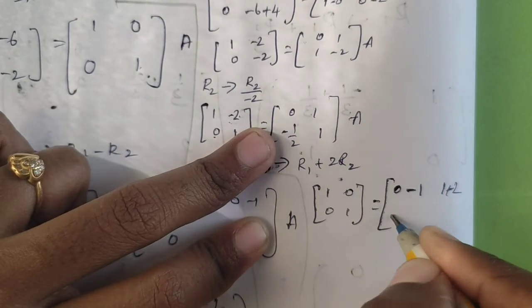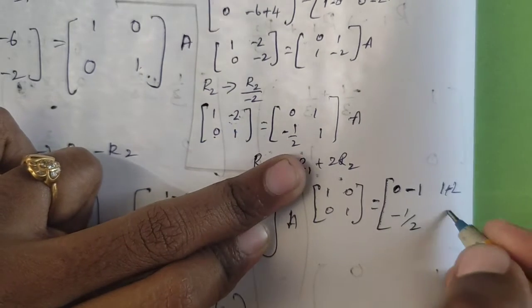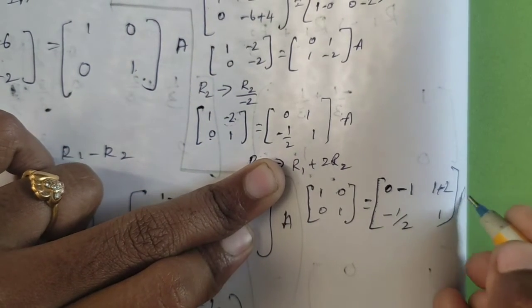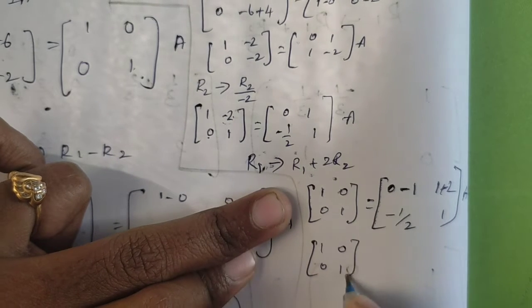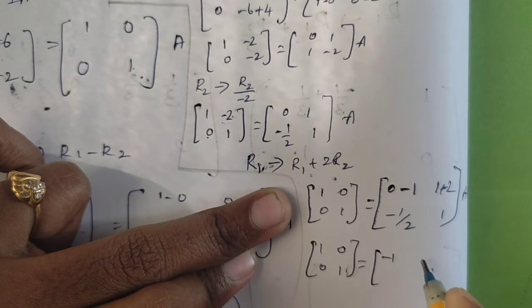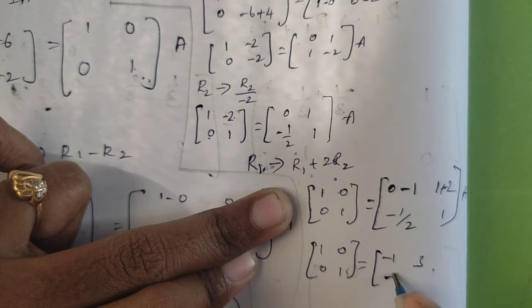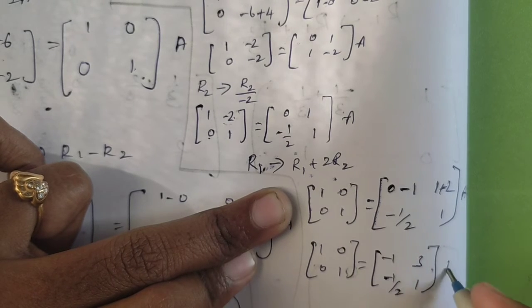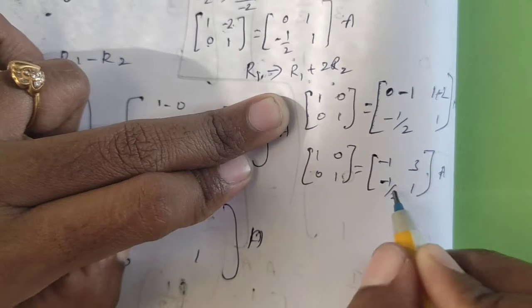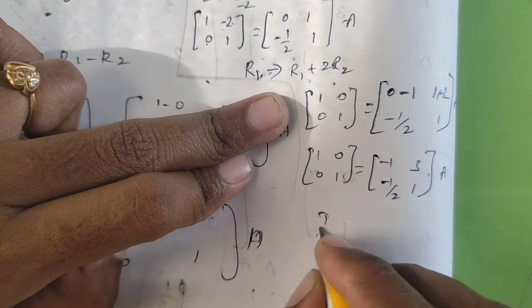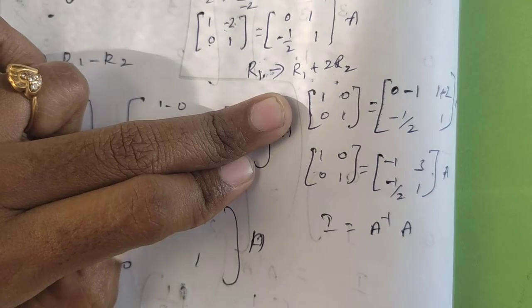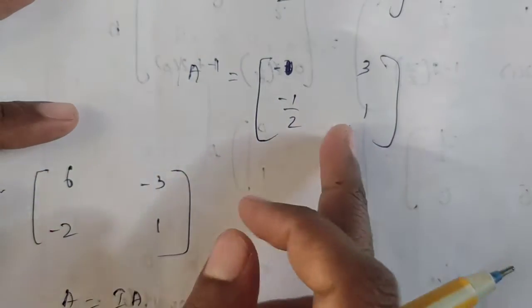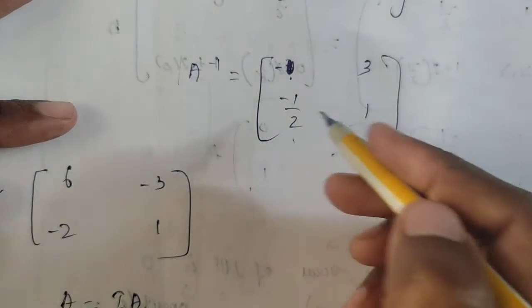R2 is as it is, minus 1 by 2, 1 into A. So we got 1, 0, 0, 1 equal to minus 1, 3, minus 1 by 2, 1 into A. So this is what our inverse matrix is. I is equal to A inverse A. Therefore, our A inverse matrix is minus 1, 3, minus 1 by 2, 1.